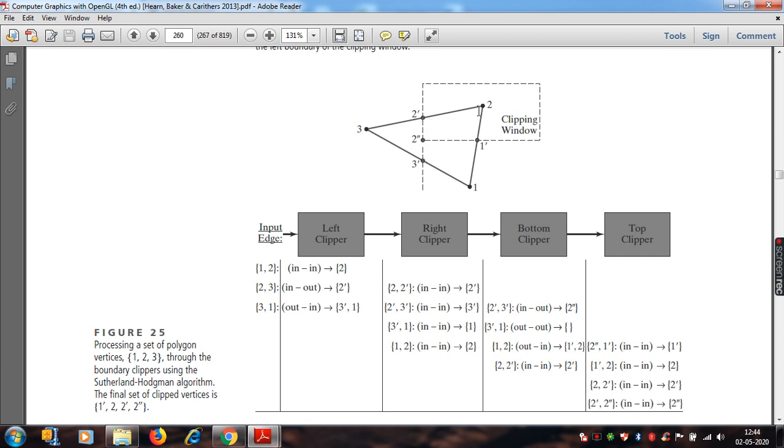In this portion, 2, 2 dash, 3 dash, 1, not 3. No, 3 is not there. So this is the portion. Wherever I am moving my cursor, you can see that is the part of the polygon that is now visible, clipped by the left clipper.